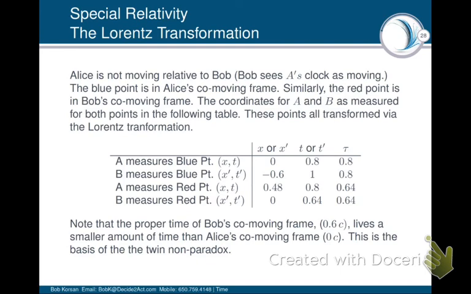And it is this distinction that is the basis of the twin non-paradox that seems to confuse so many people. So I'm once again going to call a stop here and ask if there's any questions.